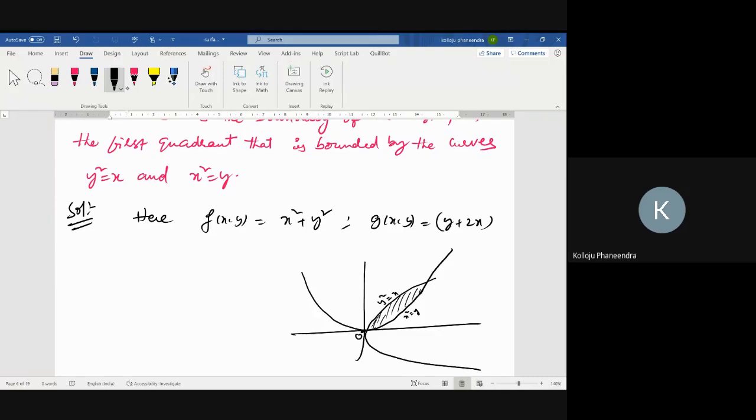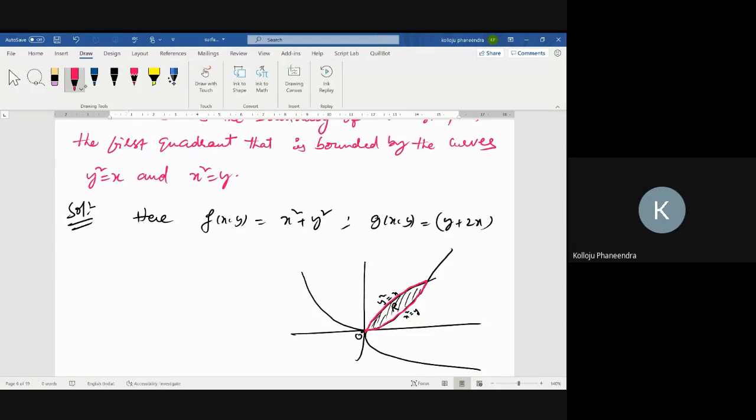This is R. If I don't want to apply Green's theorem, then what is the curve C? Curve C is the boundary. So I'm tracing this. Curve C is the boundary of the region bounded by these two parabolas. This is the curve C.